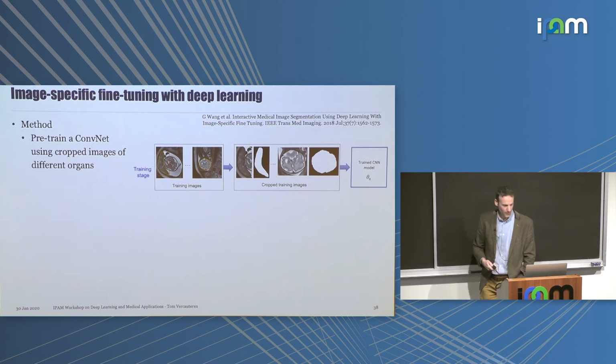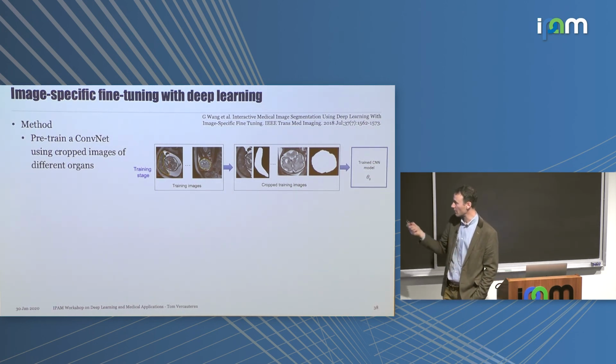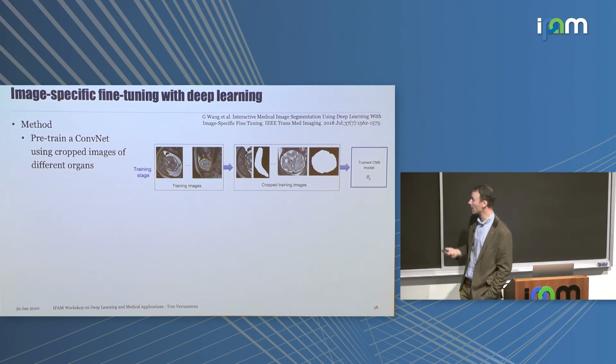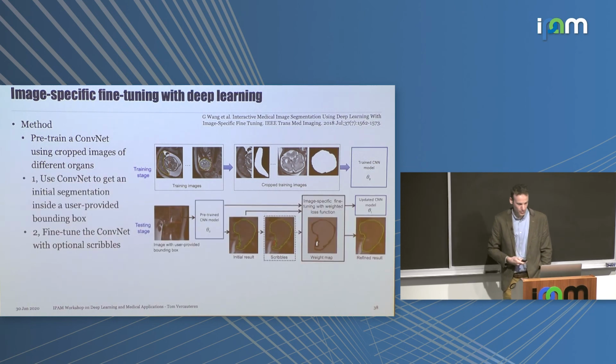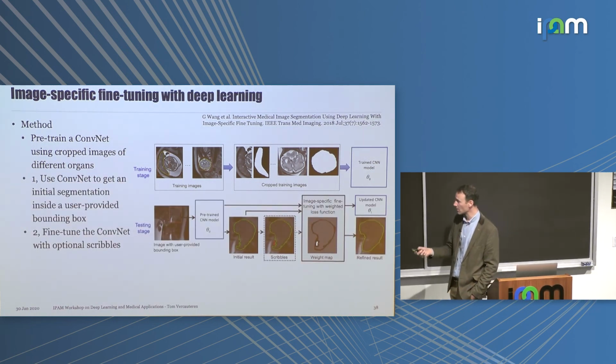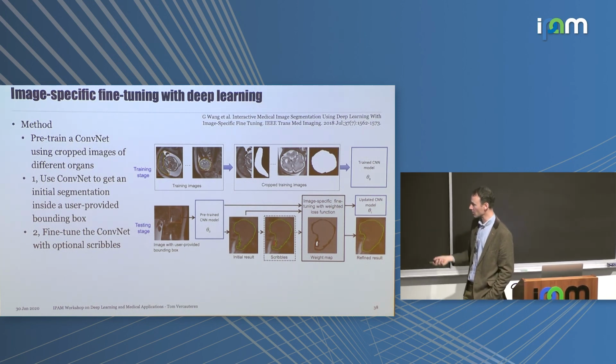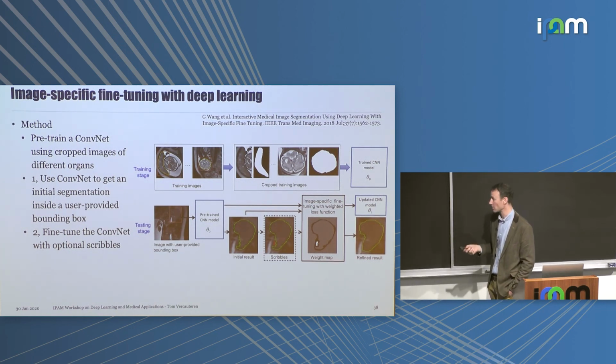Okay, so the pipeline looks like this. We have a bunch of training images where we have bounding boxes and segmentations, and we learn our convolutional neural net from this. Now at testing stage, we feed the image and a bounding box. So we get an initial result, we provide the scribbles, and then from these scribbles we retrain our neural network based on the scribbles, right?